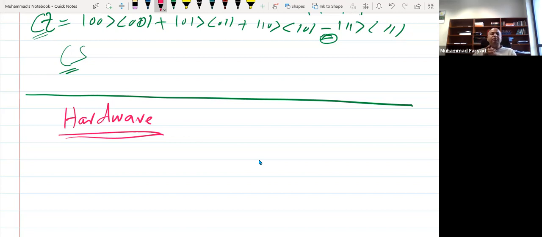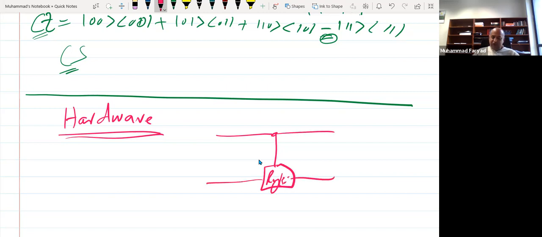If you talk about controlled operations, there are several that you can think of: controlled X, controlled Z, controlled S, controlled arbitrary rotation. For example, you want a gate that does a controlled rotation around the y-axis by 30 degrees. That's what you want in your algorithm.